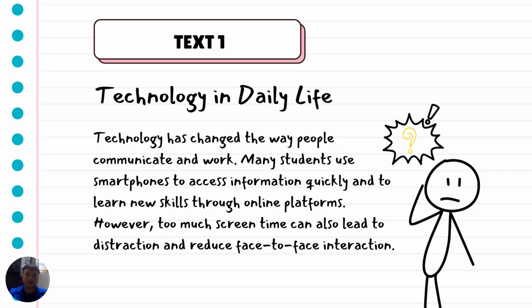Now we have the text on technology in daily life. Technology has changed the way people communicate and work. Many students use smartphones to access information quickly and to learn new skills through online platforms.